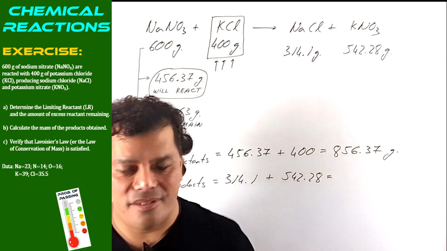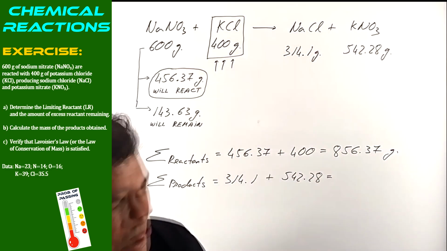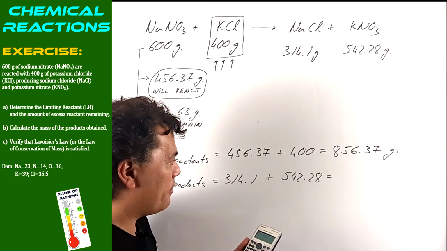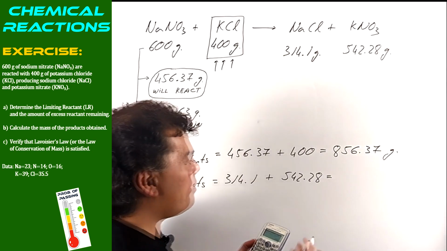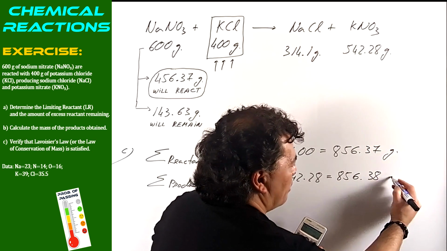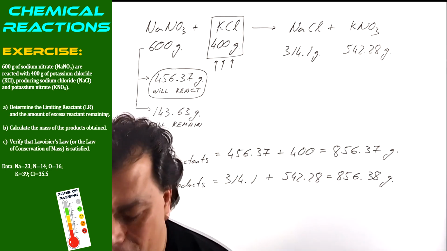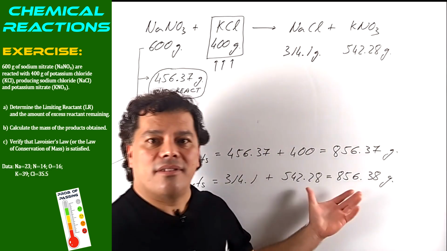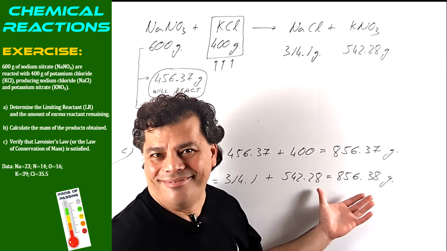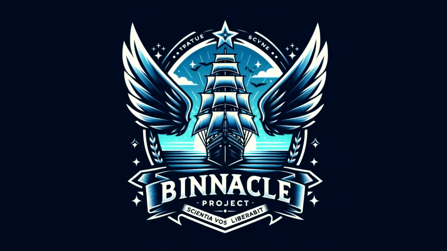And now please use your calculator and you will see that it gives us almost the same: 856.38 grams in products. So this is the Lavoisier's law. This is not a coincidence. This is science. Binnacle Project.